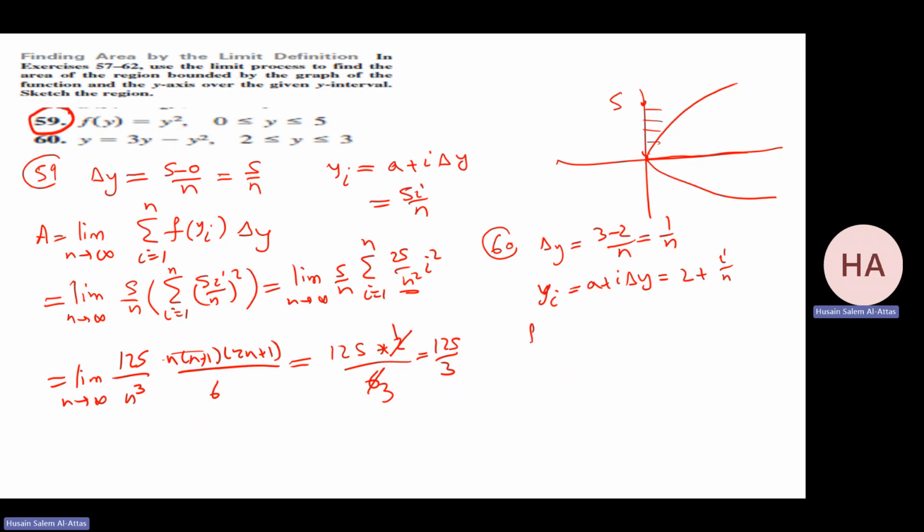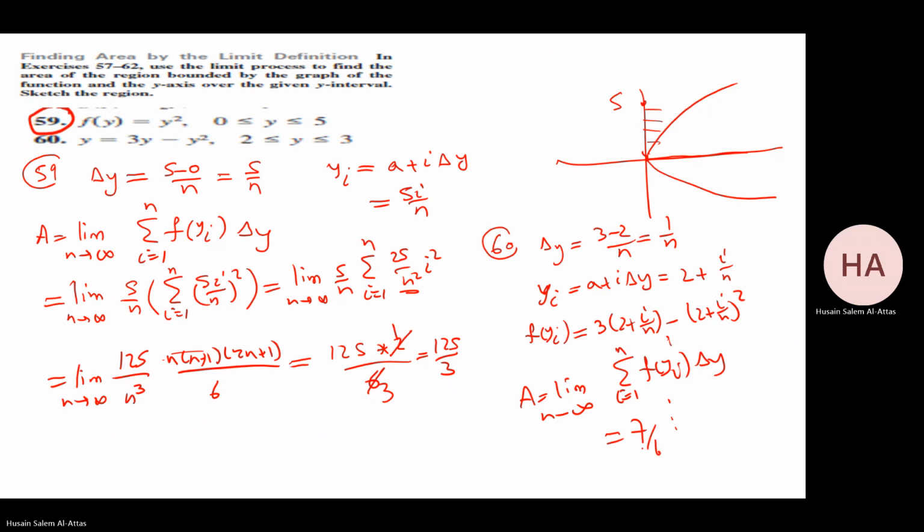My f of yi will be 3 times this minus this squared. It's a matter of calculation. You put it in the sum. The area will be the limit as n goes to infinity, summation i equal 1 to n, f of yi delta y. I think you can do the calculation, and the answer is 7 over 6. That will be the answer.